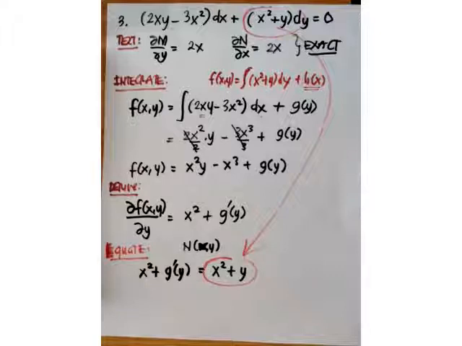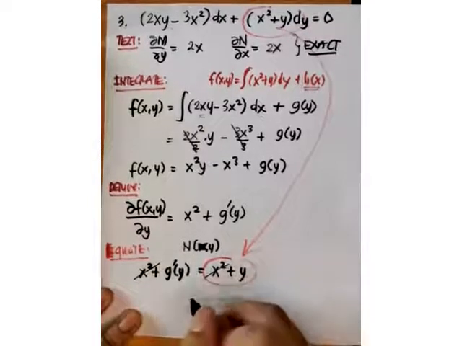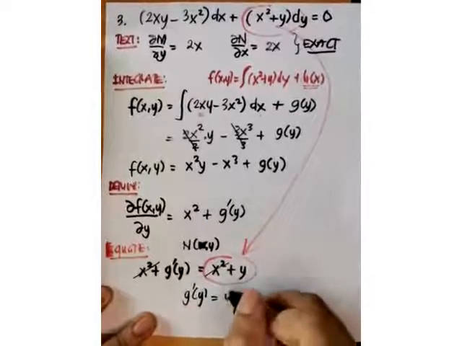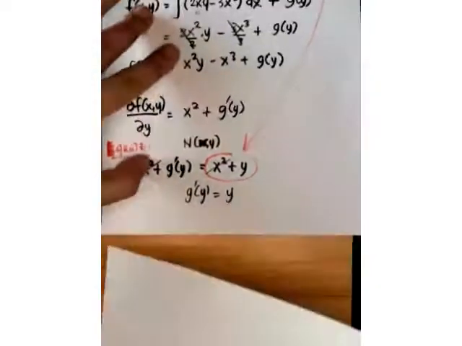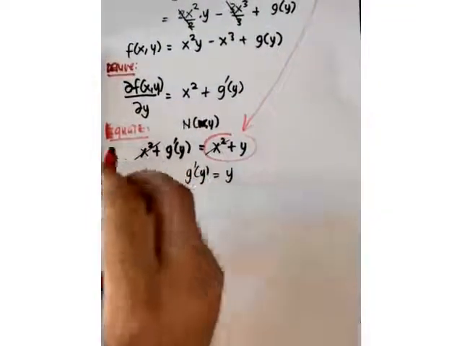Okay? May question? Okay, and then we simplify. So we can cancel this and cancel that. So g of y prime is equal to y. Okay? And then, susunod is find g of y.